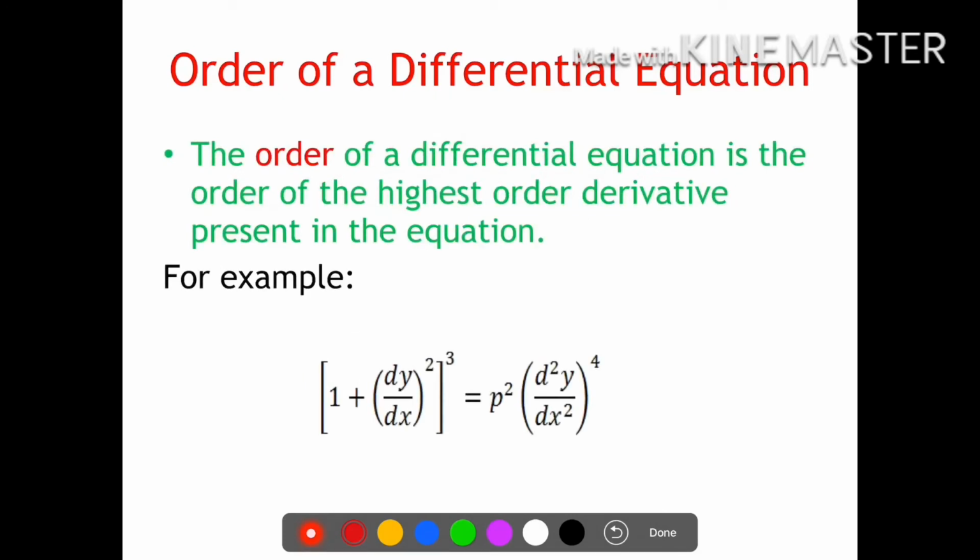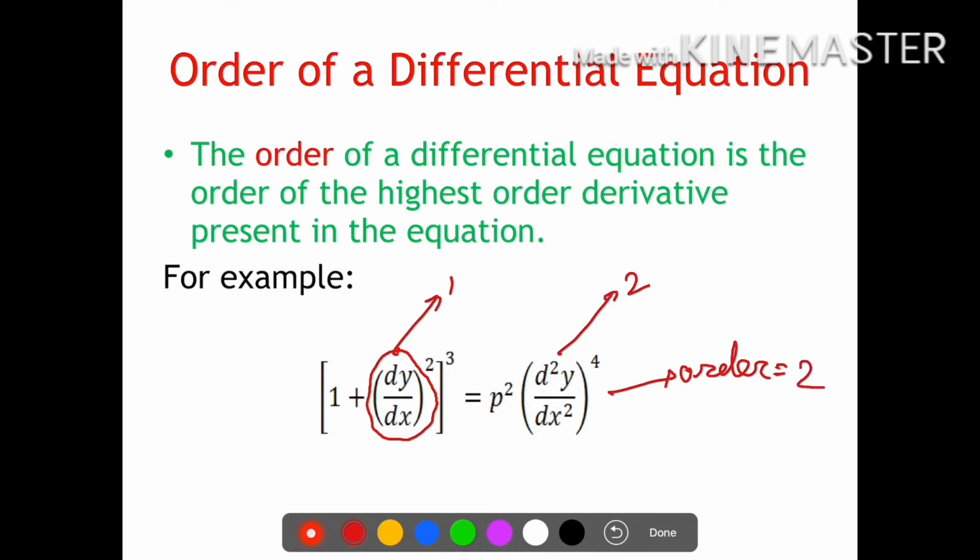Suppose the equation is (1 plus (dy/dx)²)³ equals p² times (d²y/dx²)^4. Here for this term y is differentiated 1 time, and for this term y is differentiated 2 times. Clearly in this term y is differentiated more number of times than the other one. Hence we say the order of this equation is 2.